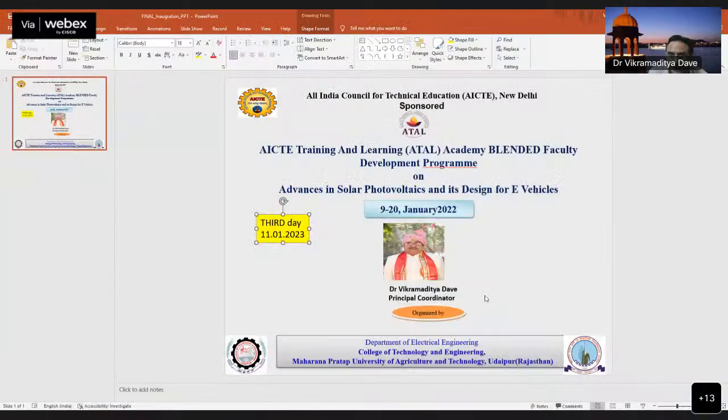Today is the third day and we will start with our topic, the design of a grid connected solar photovoltaic system. Basically, we can call it a microgrid system. Okay, so microgrid system means a small system, not a bigger, large system as we have like the Kota thermal power substation or Mahi hydropower substation.